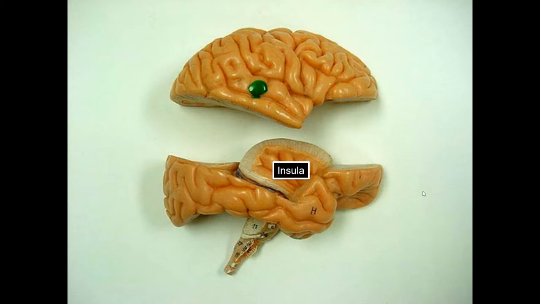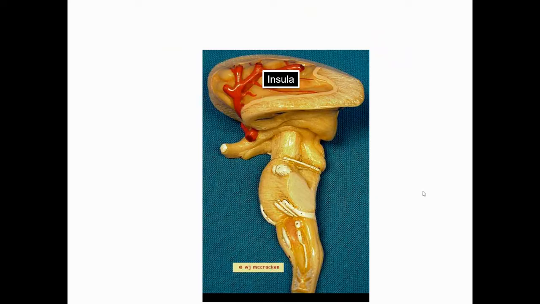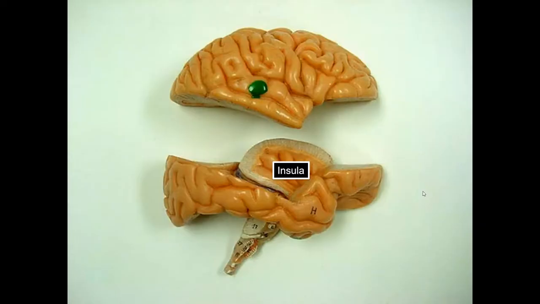And so if you took this brain model apart, you would be able to see the insula there. We don't have this brain model, but what we do have is this brain model. So our midbrain model, if you look at it, has a little bit of gray matter on the surface. That is this insula. And so you can see how it would fit up in there and how it's inside the lateral sulcus.